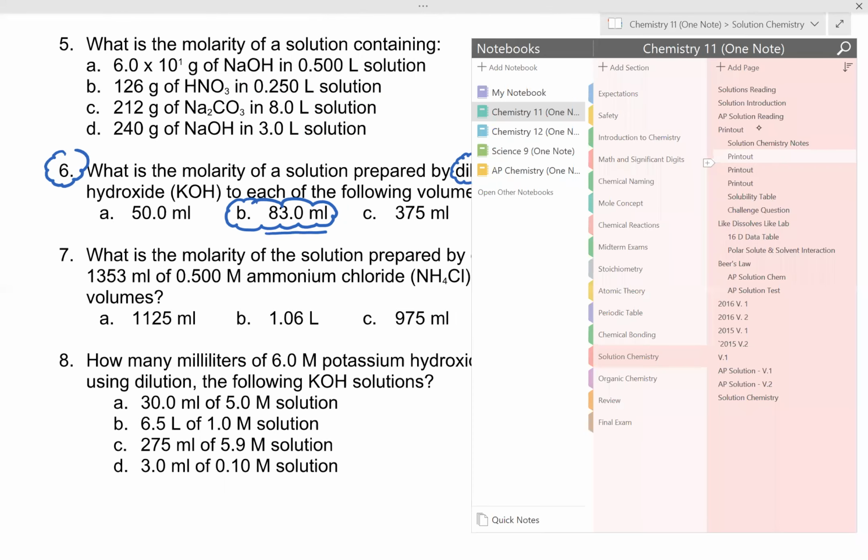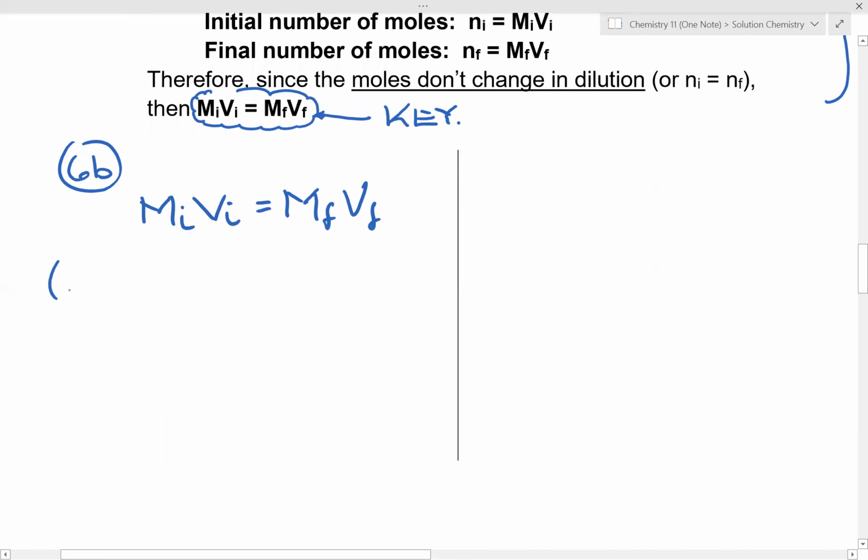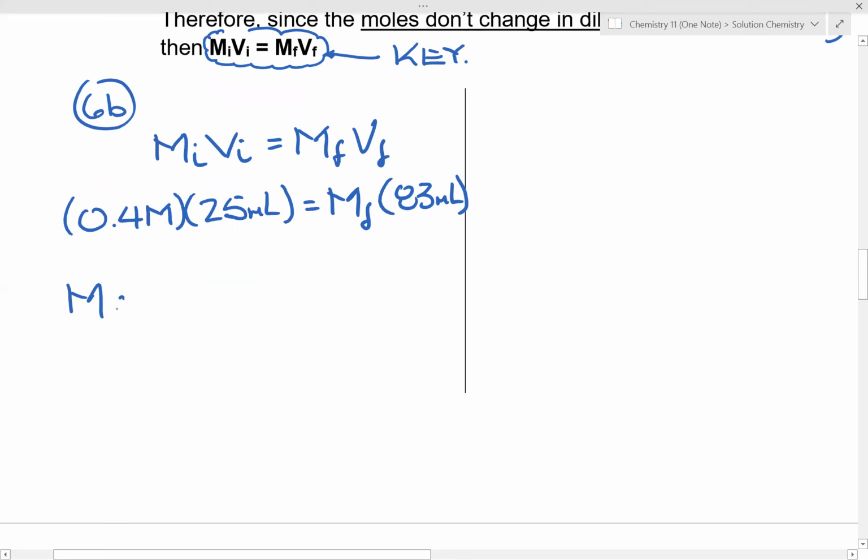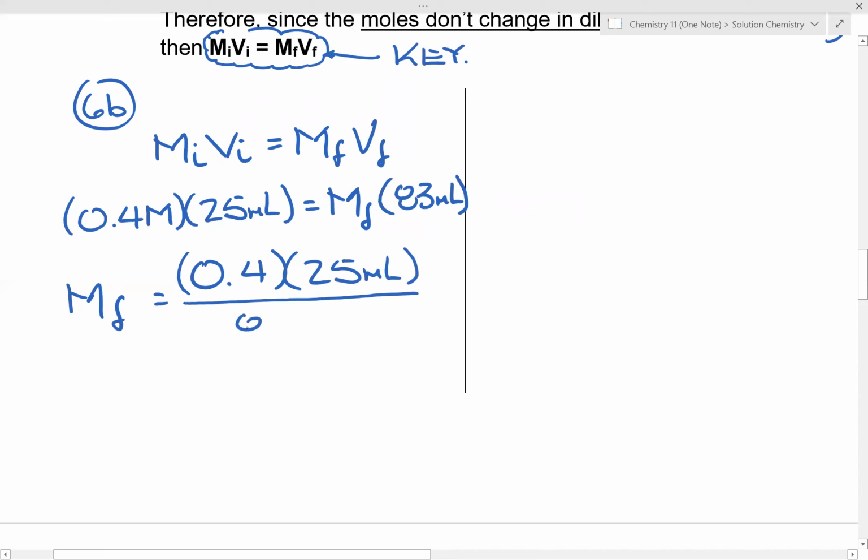So what I do is 0.4 molarity times 25 mL is equal to final molarity times 83 mL. And you solve for final molarity, which is 0.4 times 25 mL all over 83 mL. And I get my answer.